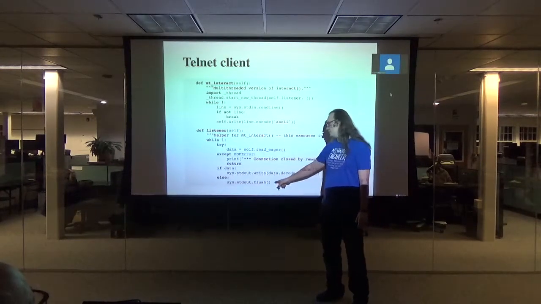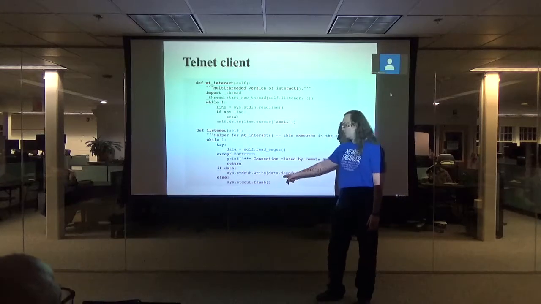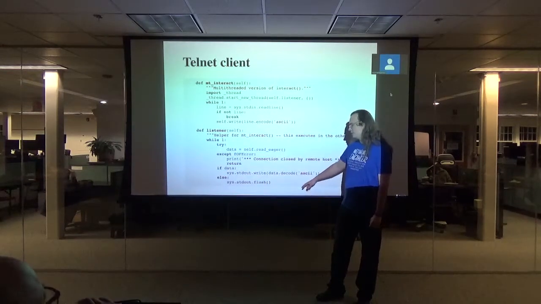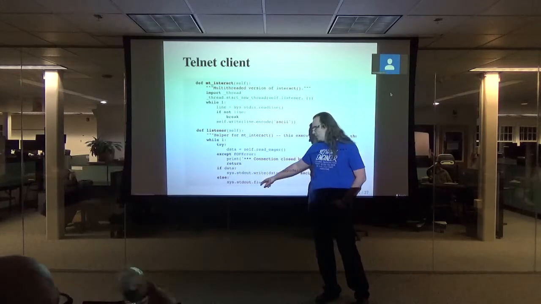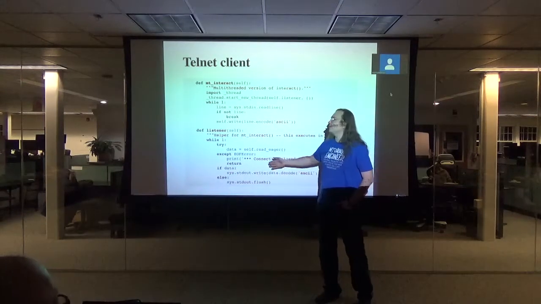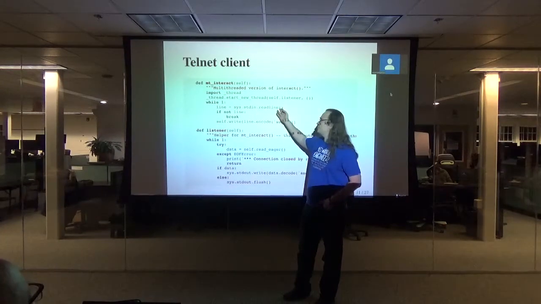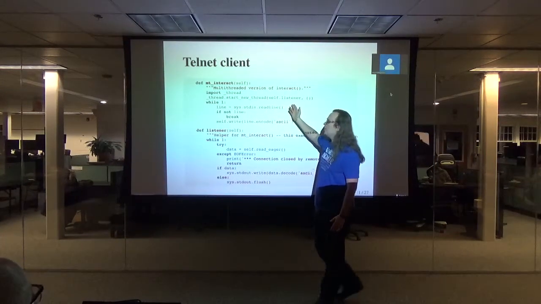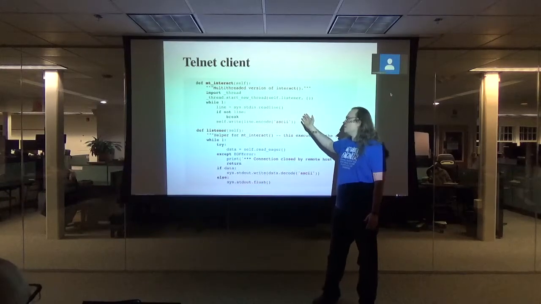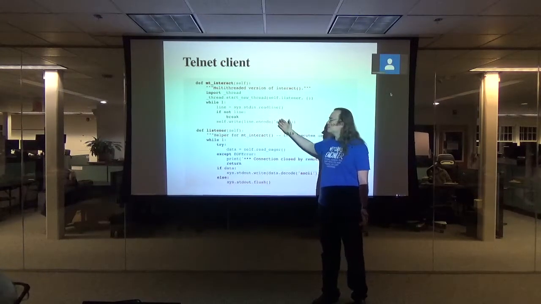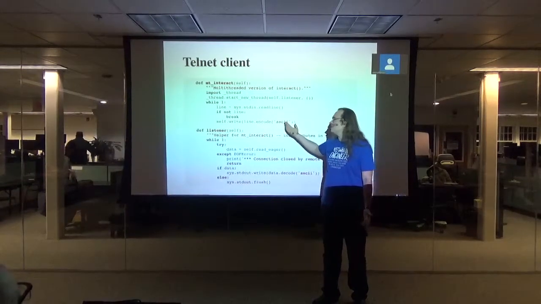If there isn't, it does a flush, which I think just empties the output buffer. And on the input, it just does the standard read line. If there isn't anything, it just breaks and keeps repeating itself.